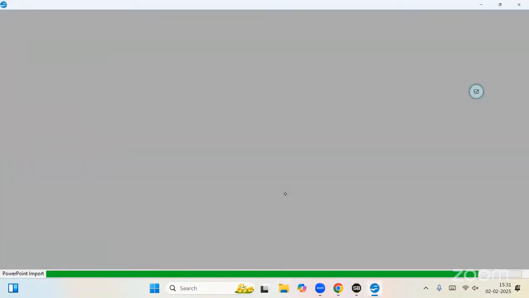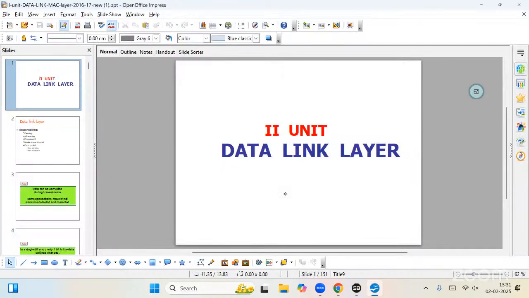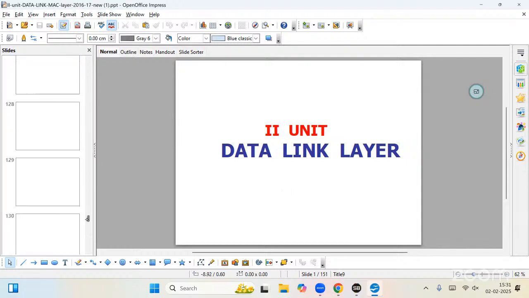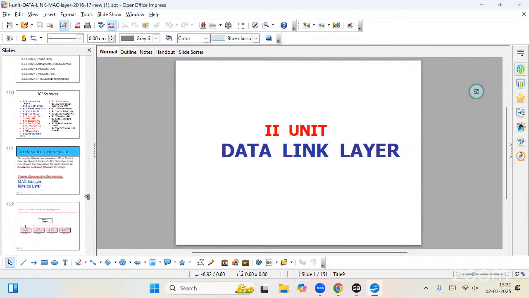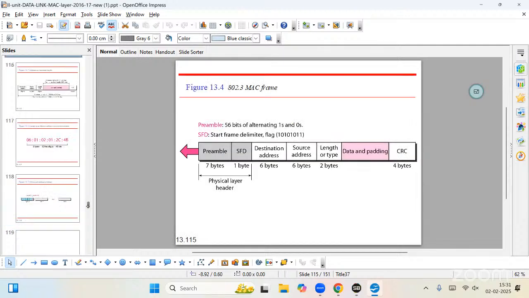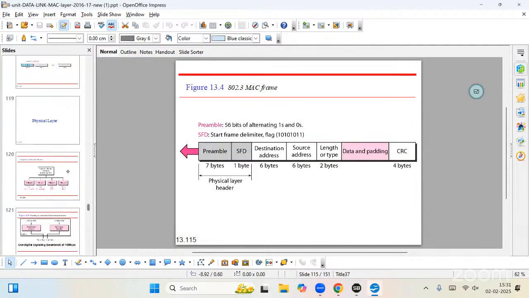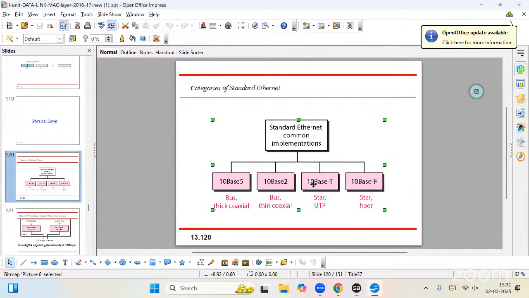So here, in standard internet we have some categories. The standards are 10Base5, 10Base2, 10Base-T, 10Base-F. What is 10? Speed. What is Base?